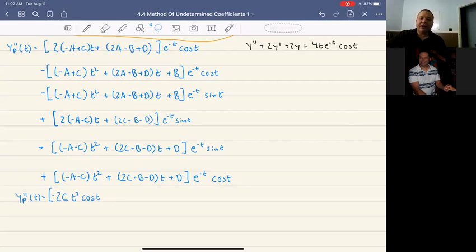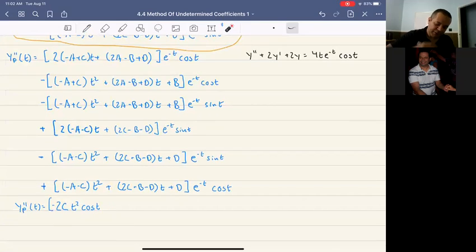Okay, now let's look at the t squared sine of t's. This is just on yp double prime. So on yp double prime, t squared sine of t is going to be, so I've got a minus c here on t squared sine of t. Anywhere else?